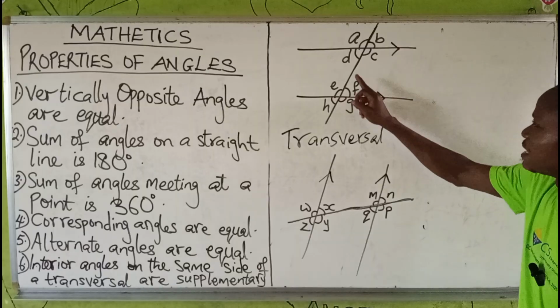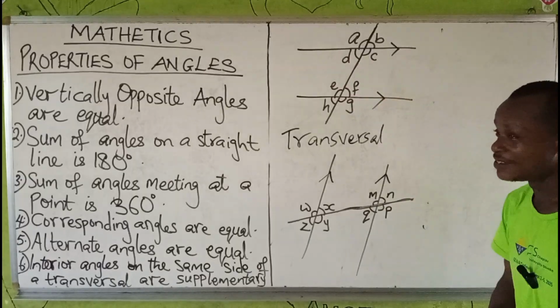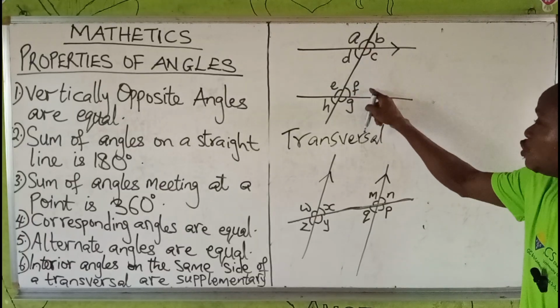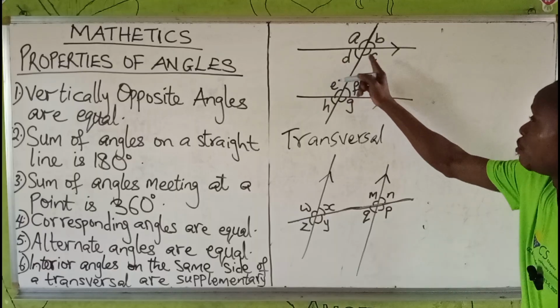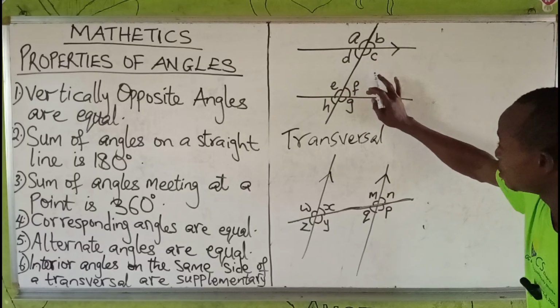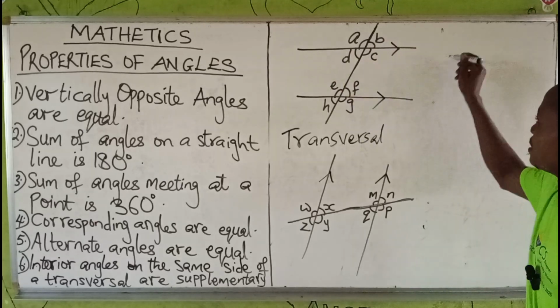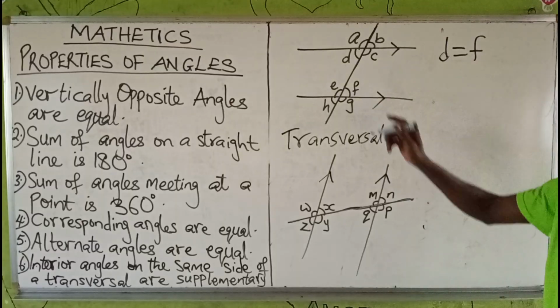That means it is left and right. I call them left and right. So left, right of the two parallel lines, not of the same parallel line. D and C is left, right, but they are on the same parallel line, so you can't call them alternate. It has to be one in this parallel line, one in this parallel line. So left, right. That means angle D is alternate to angle F.